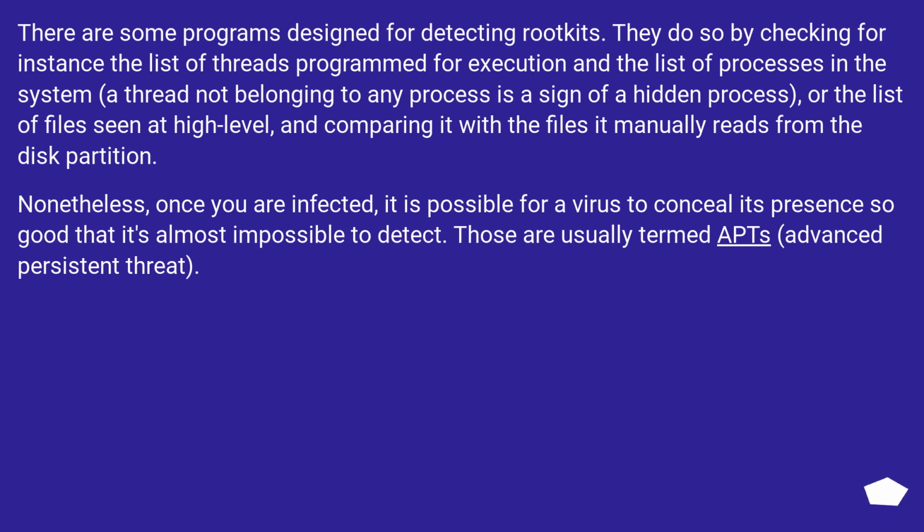A thread not belonging to any process is a sign of a hidden process. Another check is the list of files seen at high level, comparing it with the files read manually from the disk partition. Nonetheless, once you are infected, it is possible for a virus to conceal its presence so well that it's almost impossible to detect. Those are usually termed advanced persistent threats.